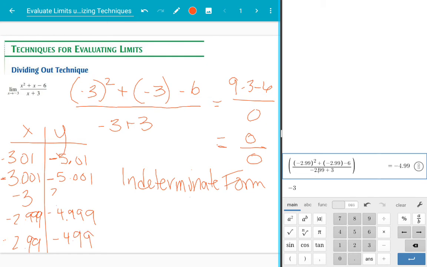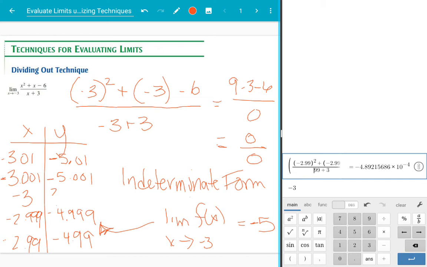Okay, so based on the table, as we see here, we can tell that the limit of the function as x approaches -3 is going to be equal to -5. Okay, so again, here's a case where direct substitution just didn't work out. It gave us indeterminate form, but using the table method actually gave us the limit.